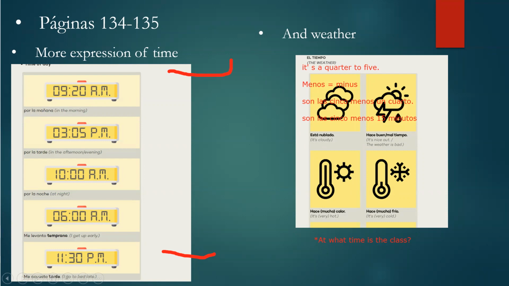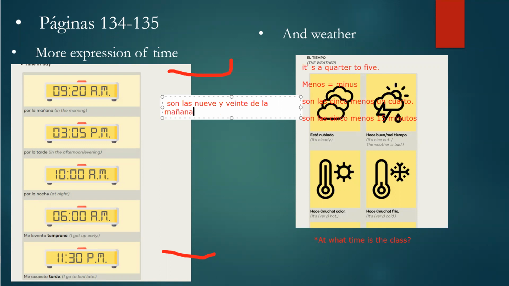Let me write that down. Either one is fine here. I would say that probably this is more appropriate. Son las 9:20 de la mañana. So you can say either one, right? De la mañana.